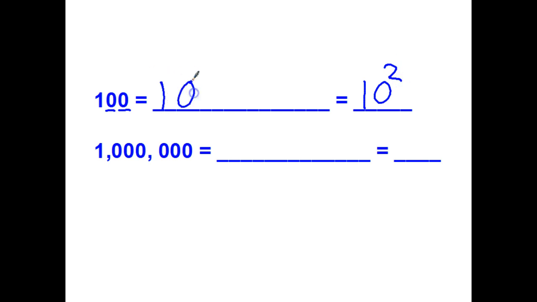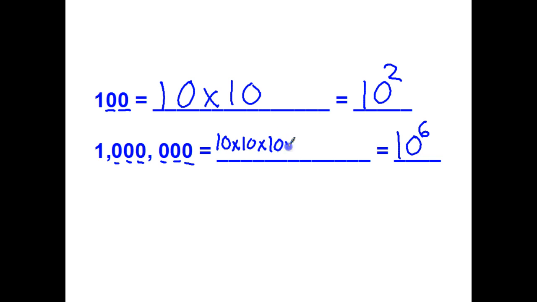And how did I get there then? 10 times 10. The bottom one, my base number is 10. How many did I do? 1, 2, 3, 4, 5, 6. So that's 10 to the 6. 10 times 10 times 10, 3, 4, 5, 6.